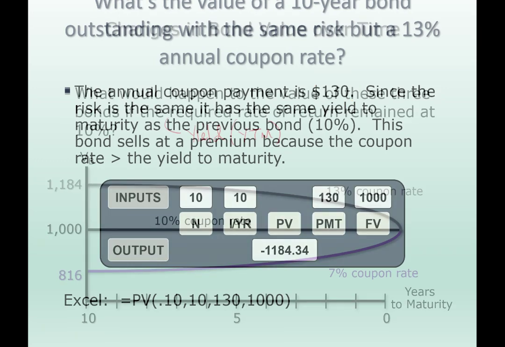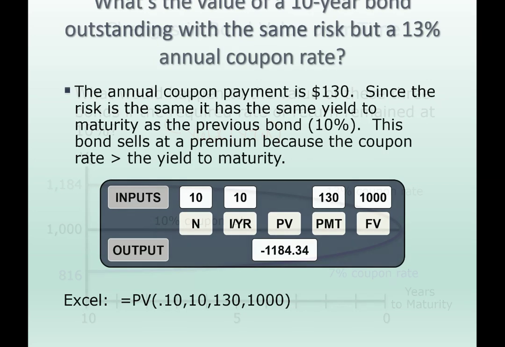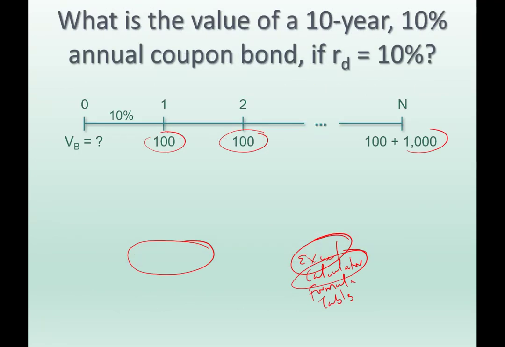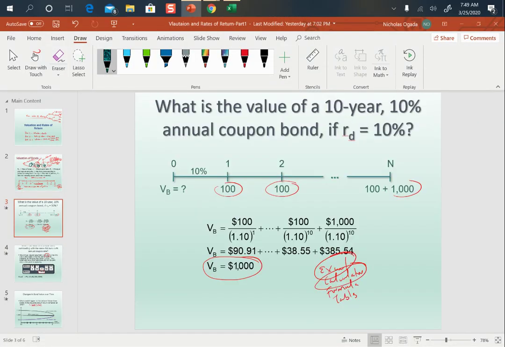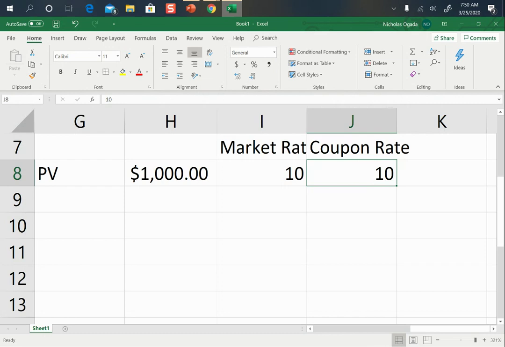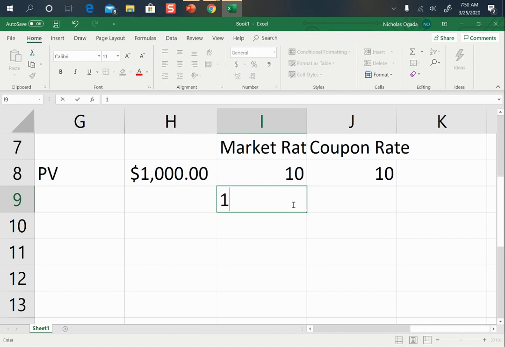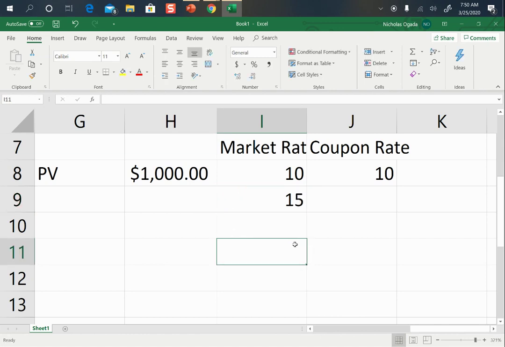So let me take you back. We see what happens if the market rate was different. So if the market rate was different, if I pull this up and assume the market rate was higher than the coupon rate, so if the market rate in this example was 15%, how does this change the value of the bond?